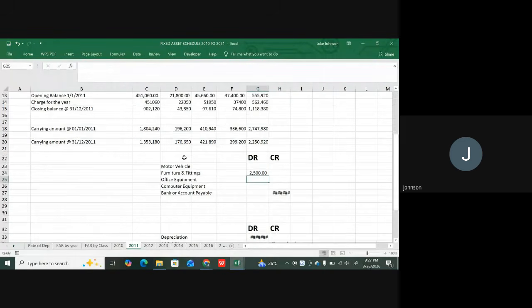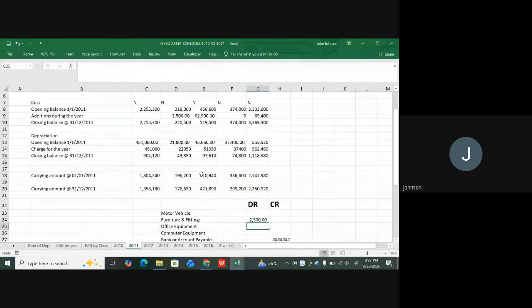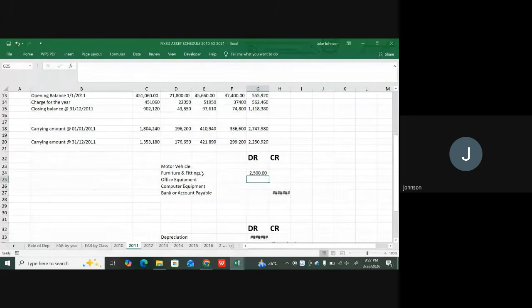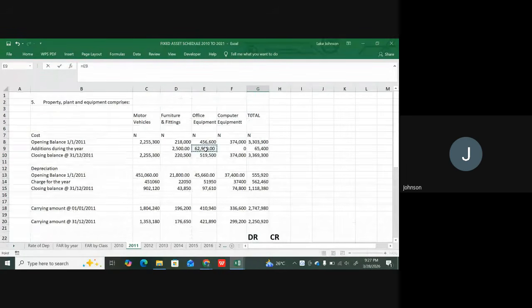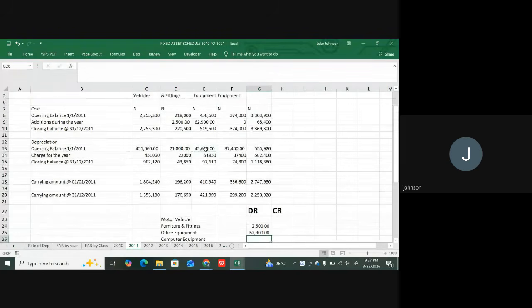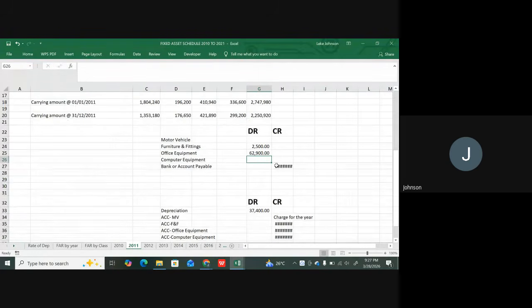Then our office equipment, we're also going to pick this. That gives us the total that we're going to have.